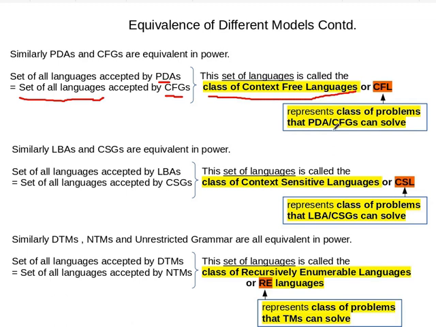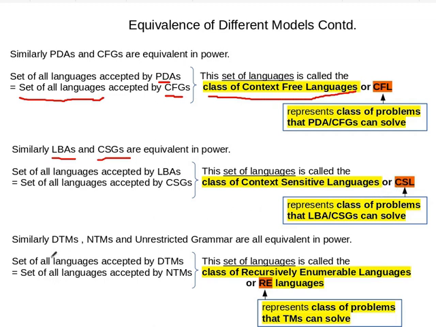And the same relationship holds between linear bounded automata and context sensitive grammars. Again, the set of languages accepted by LBA is equal to the set of languages accepted by context sensitive grammars, and this class of languages is called the class of context sensitive languages, CSL.